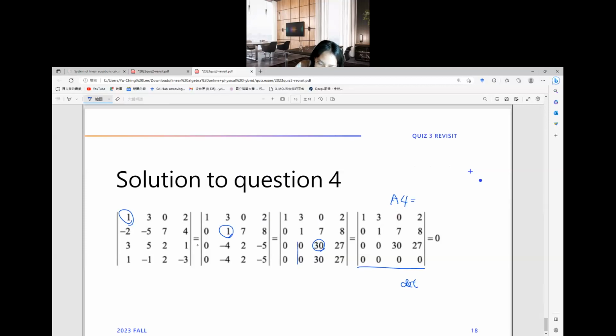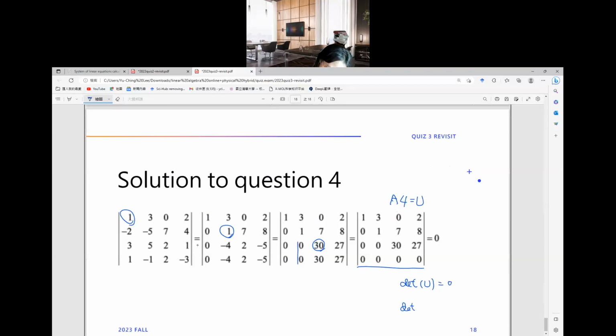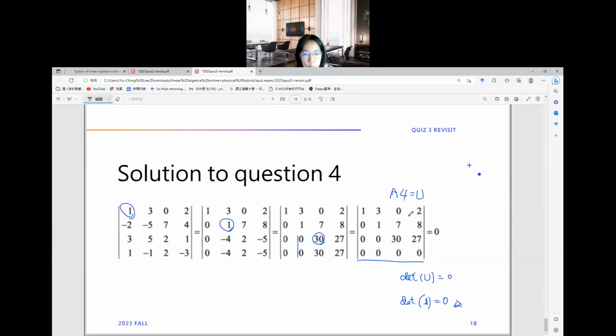Well, actually, this is an echelon form. The determinant of this echelon form is immediately 0. Okay, so the answer for the determinant of A will be 0 as well.